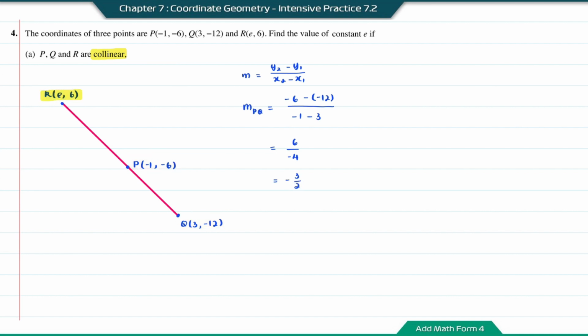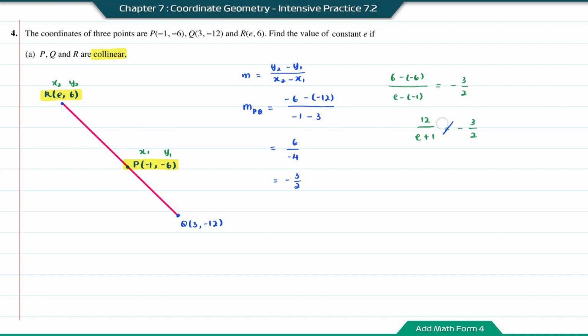Now if we use the point R and the point P, for example, to find the gradient, the answer will still equal negative 3 over 2. Therefore, 6 minus negative 6 over e minus negative 1 is equal to negative 3 over 2. So 6 plus 6 is 12 over e plus 1, equal to negative 3 over 2.